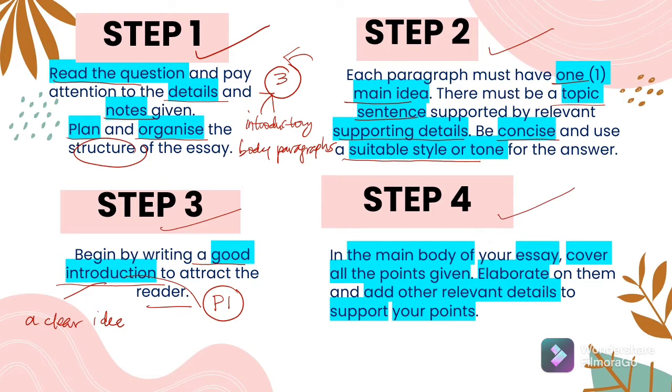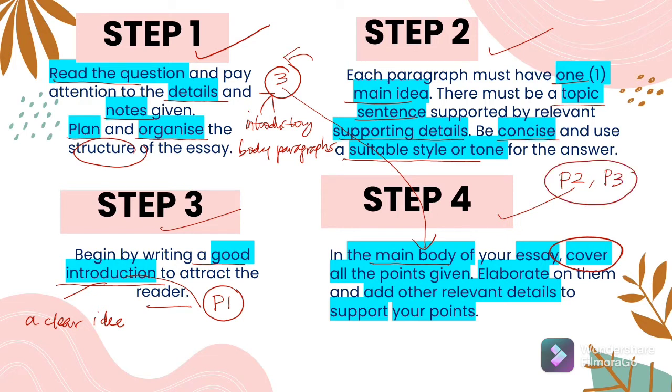Step 4. In the main body of your essay, cover all the points given. Remember, you have 3 points. So you should elaborate on the 3 points in these 2 paragraphs.